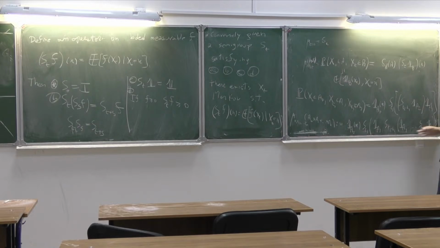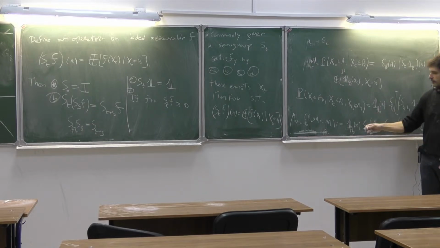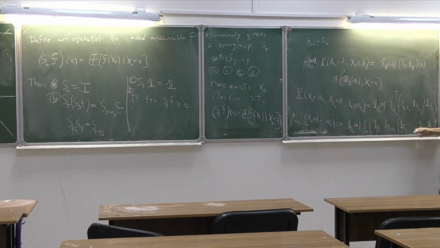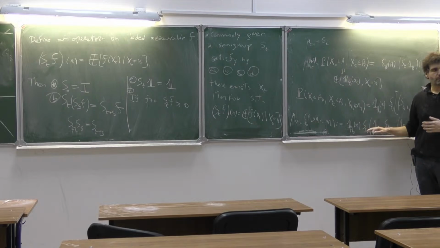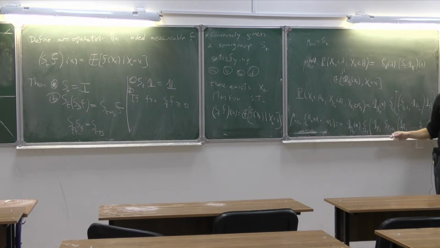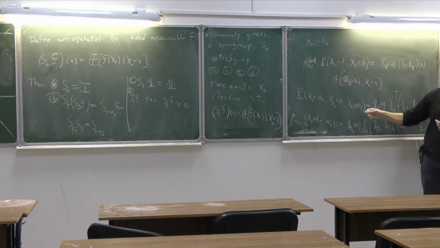If this is what you use as a definition, it's not hard to check that this satisfies the Kolmogorov extension theorem. And so there exists a law, on the space where X is defined, of a stochastic process. So there exists a stochastic process.